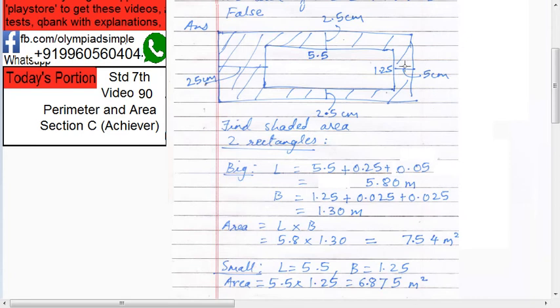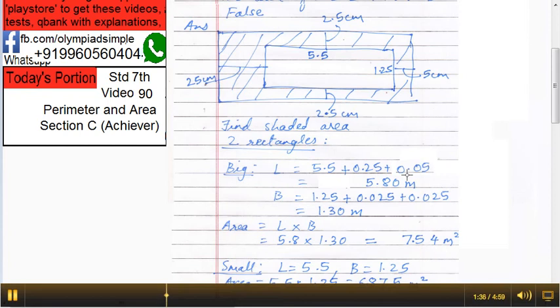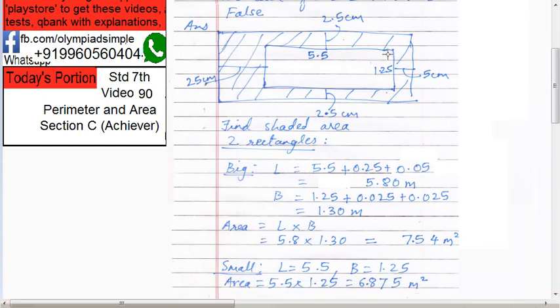So go on dividing. So now you get length as 5.5 plus 0.25 plus 0.05, that is 5.8 meter as a bigger length. Now bigger breadth: 1.25 as a width, and 2.5 centimeter means 0.025 on this side, 0.025 on this side. So add them, you will get 1.3 meters as a width.